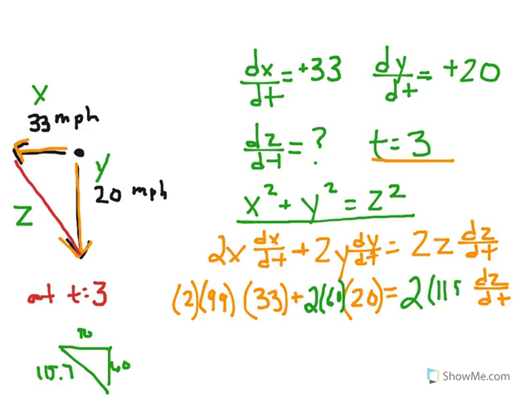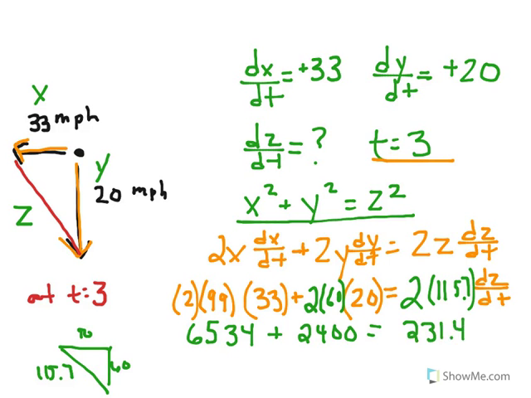So I've got 115.7. And now I'm going to solve this on out. I'll do the steps here. 2 times 99 times 33, that's 6534. Plus 2 times 60 times 20, 2400, equals 2 times 115.7, which is 231.4.